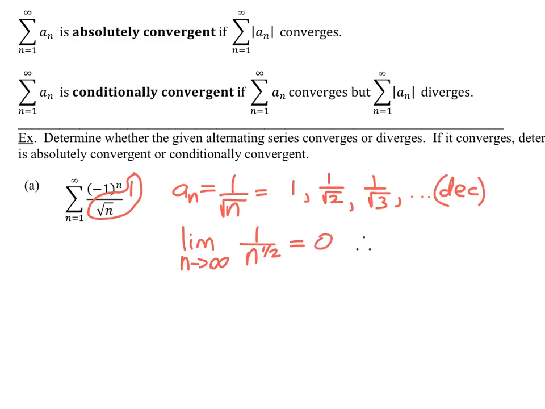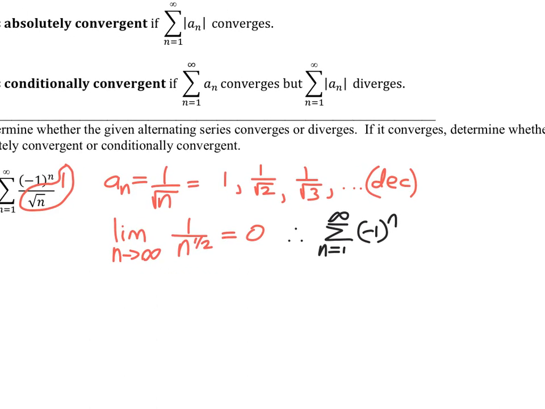So therefore, the series from n equals 1 to infinity of negative 1 to the nth times a sub n converges by the alternating series test. All right, so that's 2 pages ago. Same skill. Pretty much the same problem.